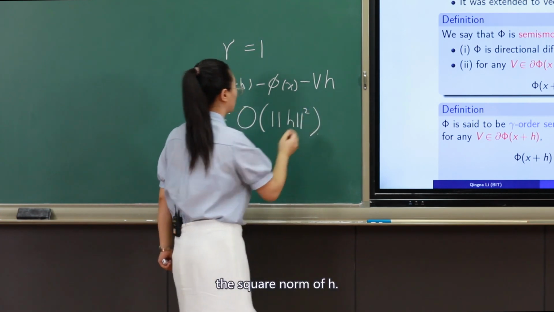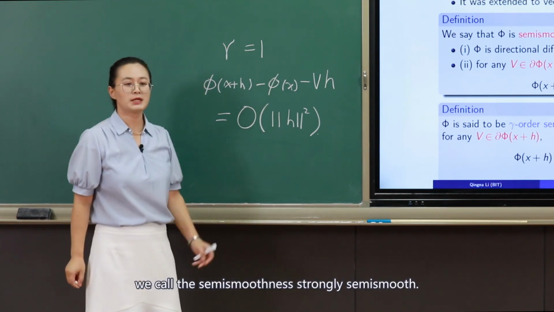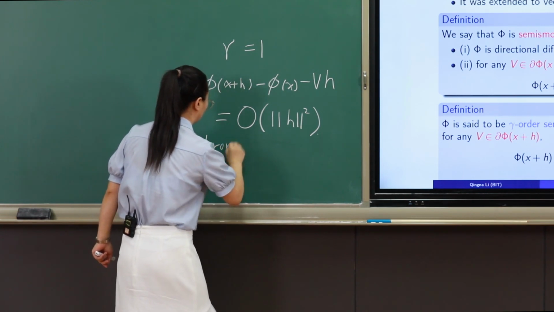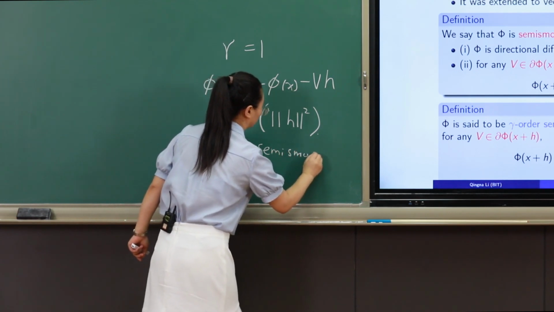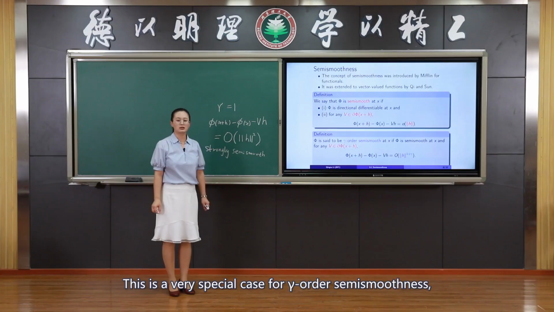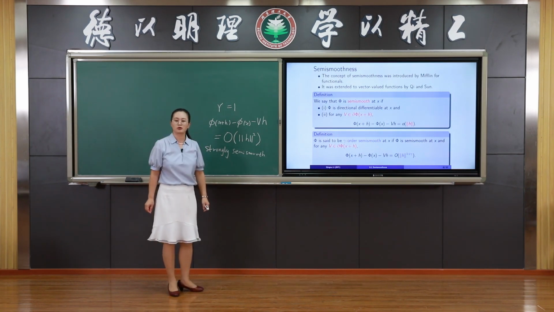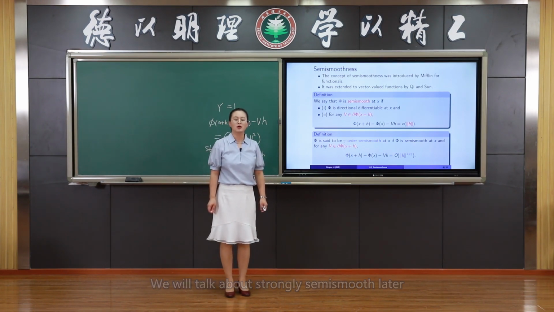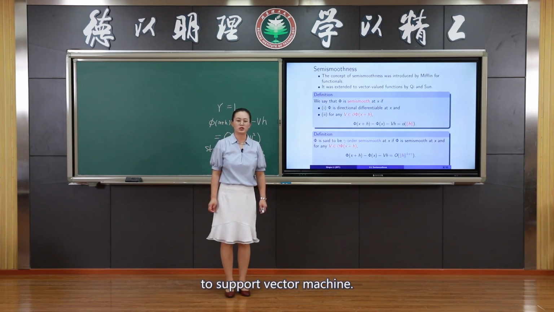In this case, we call it strongly semi-smooth. We will talk about strongly semi-smooth later when we apply our semi-smooth Newton's method to support vector machines.